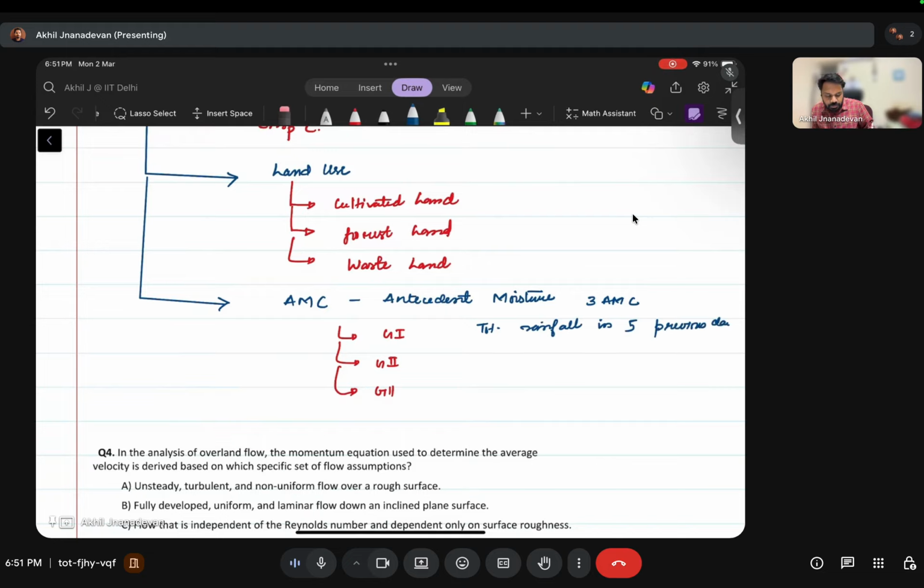On the basis of that, they have defined it into three groups, and within the group, they have made another classification, whether we are considering it in the dormant season or growing season.